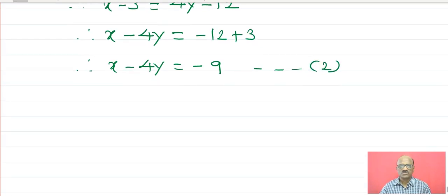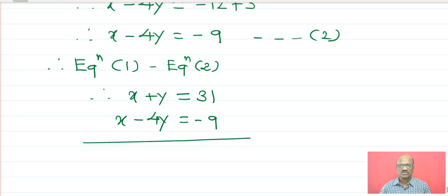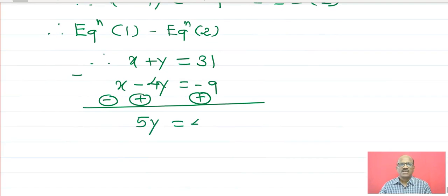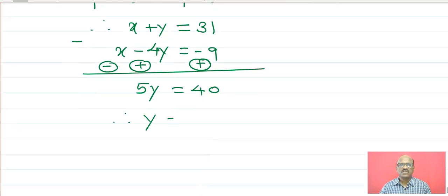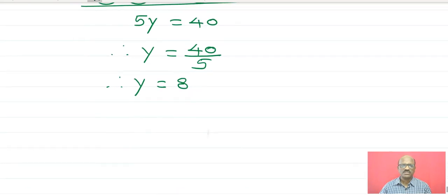This is equation number 2. Now equation 1 minus equation 2. Then you will get x plus y is equal to 31, x minus 4y is equal to minus 9. Subtraction: change the sign, x positive to negative, 4y negative to positive, and minus 9 to plus. Therefore y plus 4y, 5y is equal to 40, therefore y is equal to 40 upon 5, that is y is equal to 8.